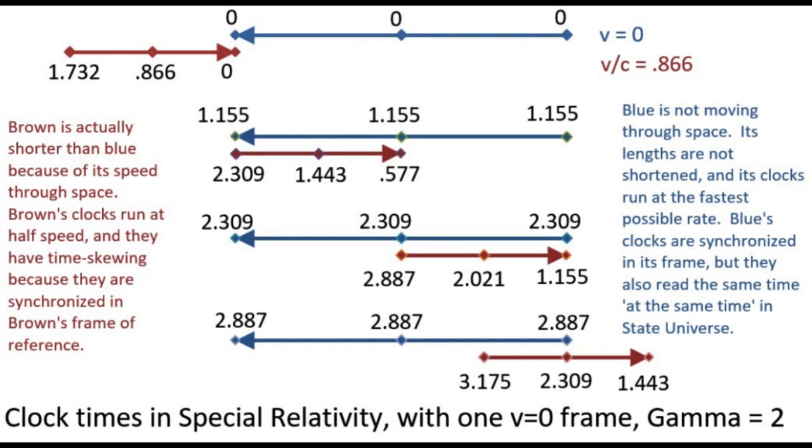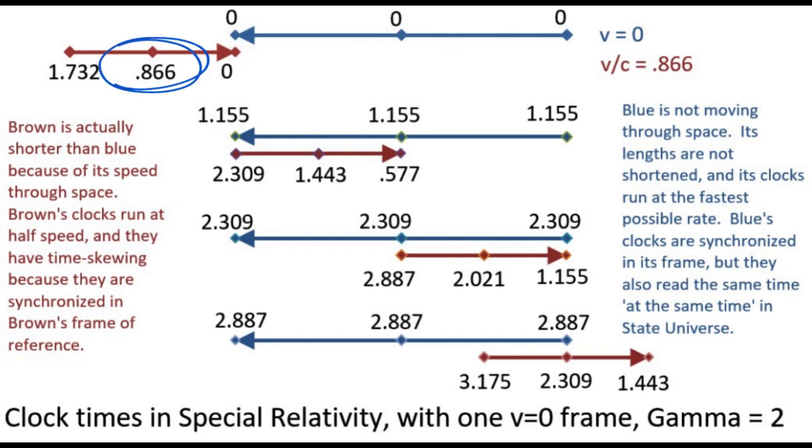So looking at the brown ship, we can see the familiar time skewing, that the clocks that are towards the rear in the brown ship as it moves towards the right are time skewed. Their clocks are set forward by v/c times x.